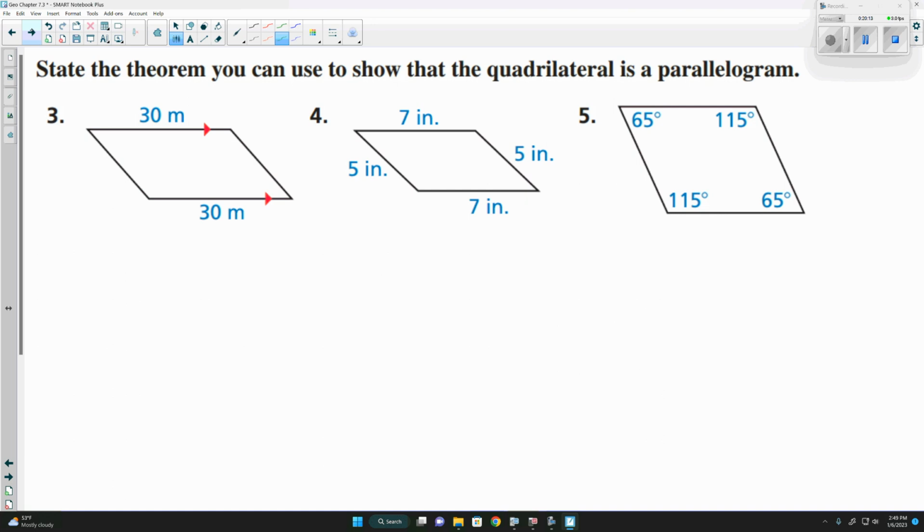Other questions on this so far? State the theorem you can use to say that these quadrilaterals are parallelograms. So for number 3, it is our opposite sides parallel and congruent theorem.